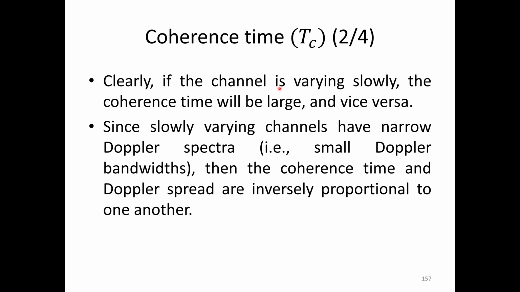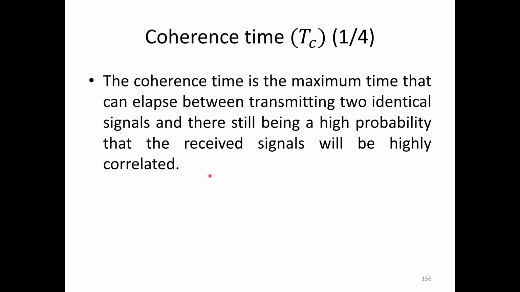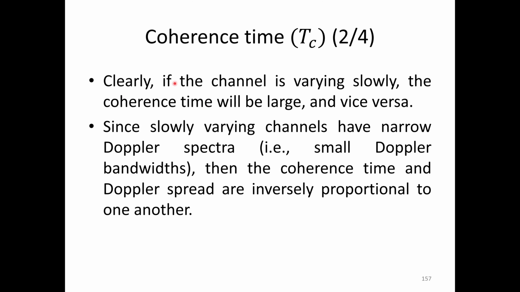Clearly, if the channel is varying slowly, the coherence time will be large, and vice versa, because the channel will remain the same or highly correlated for a long time.